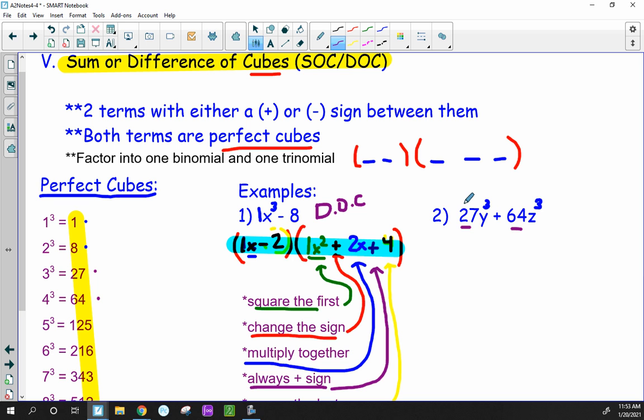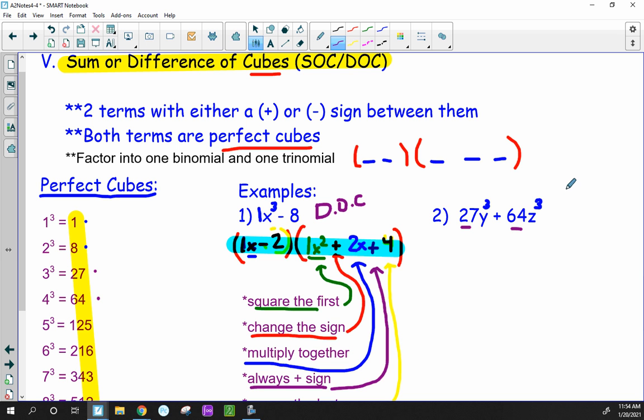The GCF of 27 and 64. So I'm thinking of a number that can divide into both of those. I do know that 3 goes into 27, but 3 does not go into 64. I also know 9 goes into 27, but it doesn't go into 64. And then 27 goes into itself, but it's not going to help me here. So the only GCF between these two numbers is a 1. Please notice that they both do not have the same letters, so there's no common factor.